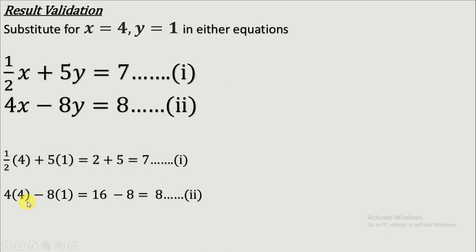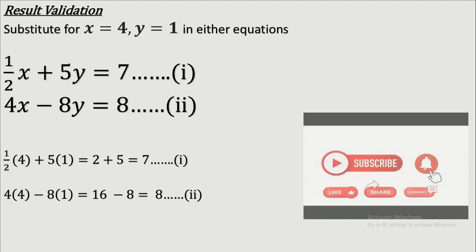The same thing goes to the second one. 4 times 4 is 16, minus 8 times 1, 16 minus 8 gives 8. So it shows that by substituting x equals 4, y equals 1, we have been able to arrive at the right hand side of the given equations. So this validates that the solution is right.